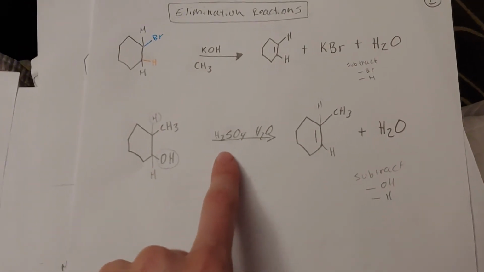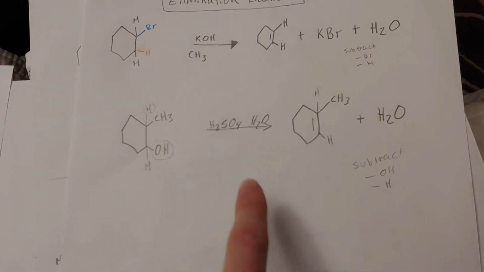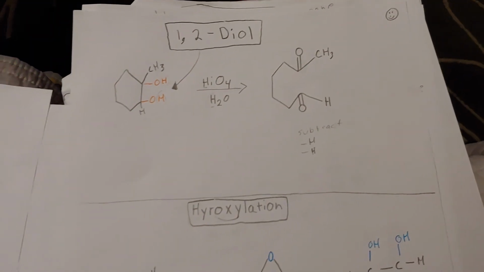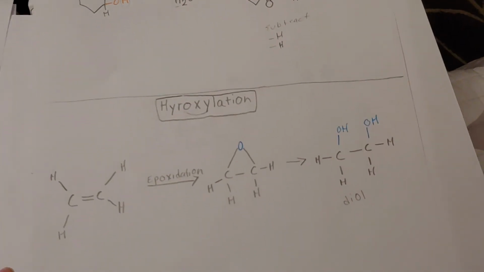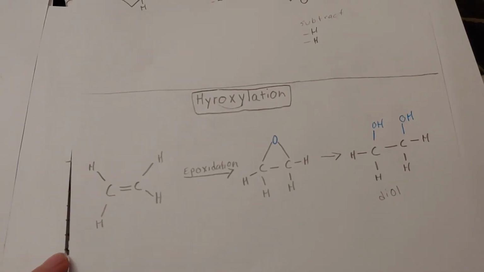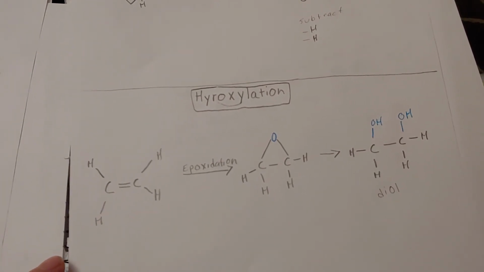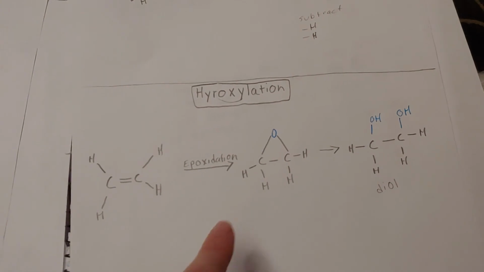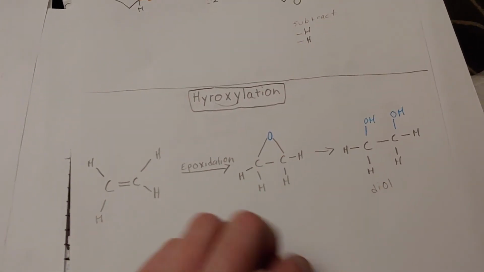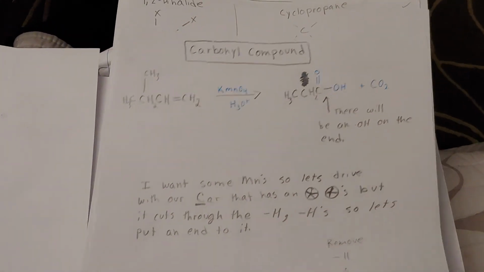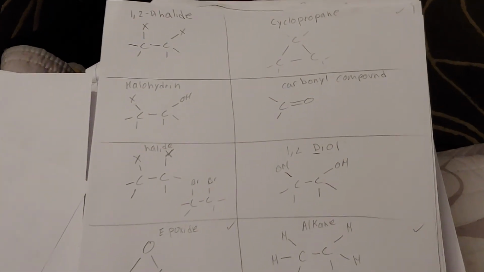We're removing H2O. We have 1,2 diol. Then we have the hydroxylation, where we're going to remember that's an epoxy reaction. Then the carbonyl compound, and finally the list of all of these that I hope you've remembered. Good luck!